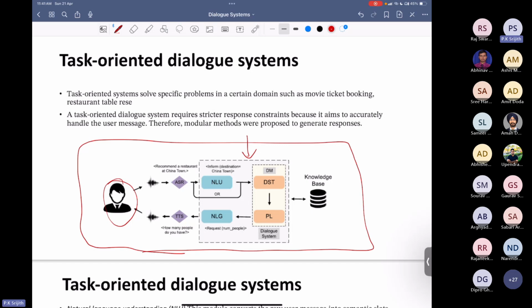This dialog system considers the input from the user in the form of text and produces an output in the form of text. Maybe the application might just display that text or convert it into speech and provide that speech output to the user.